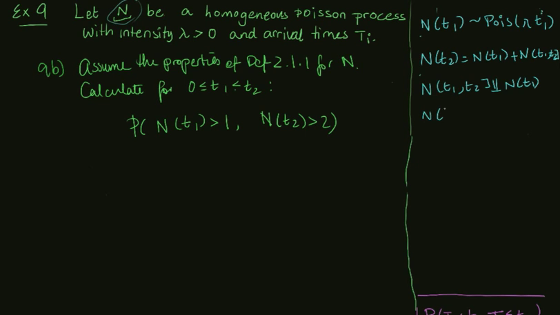Secondly, the increment will also be Poisson distributed. With which parameter? Well, lambda multiplied by the time interval length that we're looking at, so multiplied by t2 minus t1.